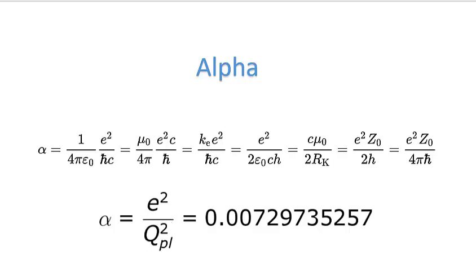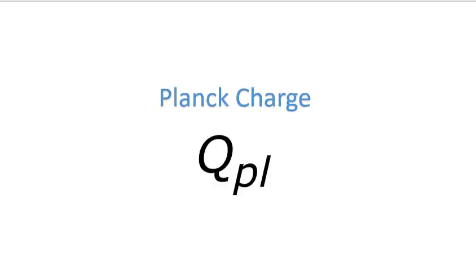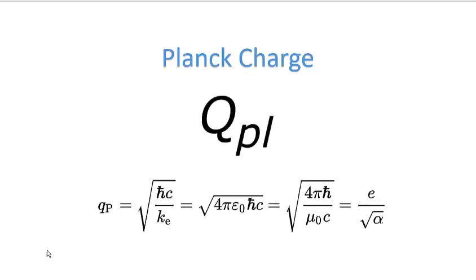Okay, and so what is Planck charge? Planck charge is calculated using the permittivity and permeability of free space. And so Planck charge is actually a constant of nature, and this constant of nature is calculated using the other constants of nature.